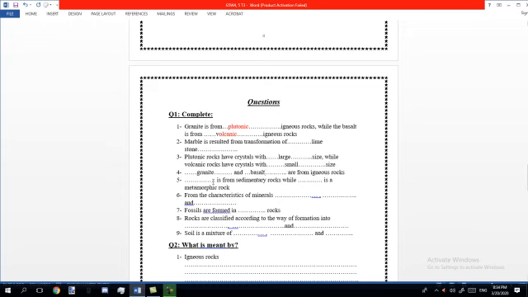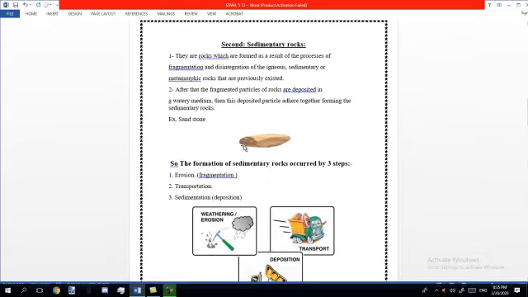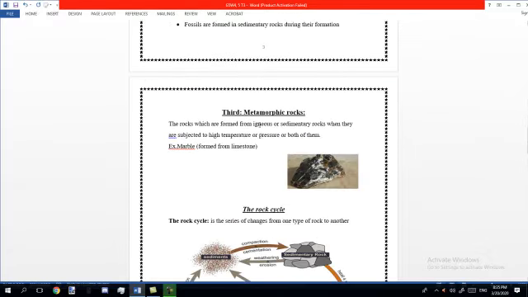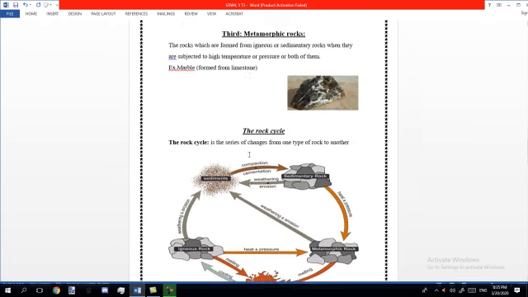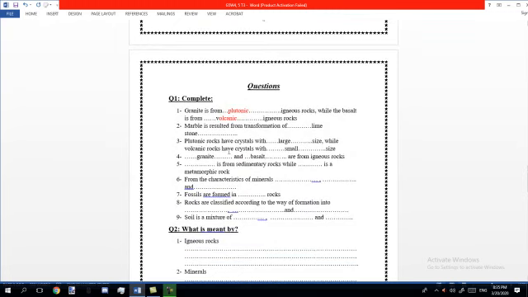Number 5. What is from sedimentary rocks? We have one type written in the sedimentary rocks, which is the sandstone, and in the metamorphic rocks we studied another type of sedimentary rocks, which is limestone. So you can write either sandstone or limestone, because both of them are sedimentary rocks.